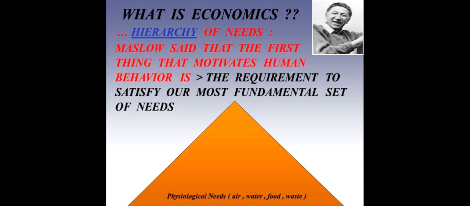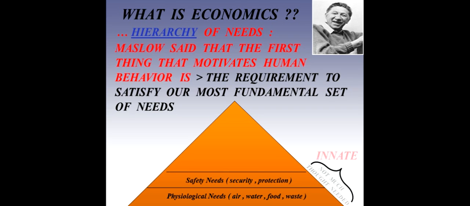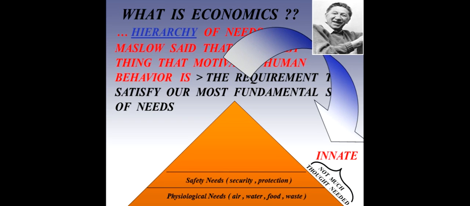Now, Maslow said that the first thing that motivates human behavior is the requirement to satisfy our most fundamental set of needs. And there's nothing more fundamental than our physiological needs. In other words, the need for air, water, food, and waste removal. And those physiological needs that we have, I have listed here in their priority order.